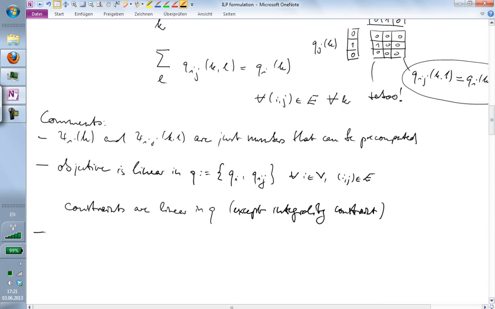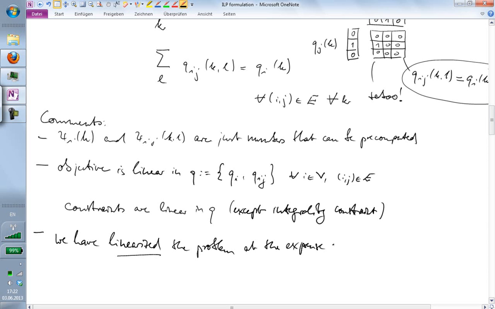So overall, what has happened is we started out with a function of discrete input that can be highly nonlinear, and we have linearized it. And we paid a price for this.